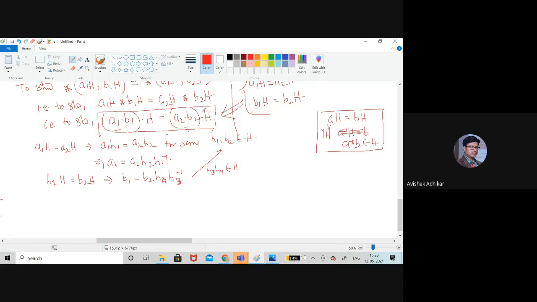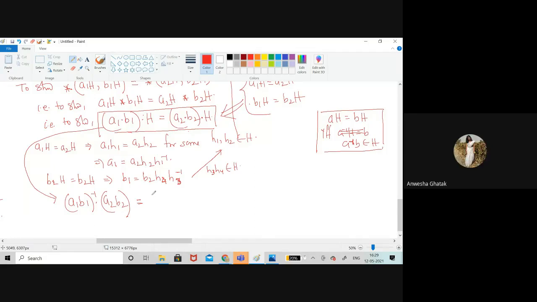So to show this, we need to show basically A1 B1 inverse into A2 B2. If we are able to show that this belongs to H, then we are done basically. Then how to proceed? Then what to do? That's what you told, right?